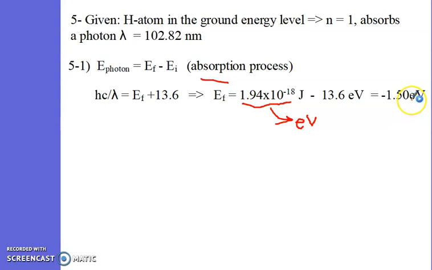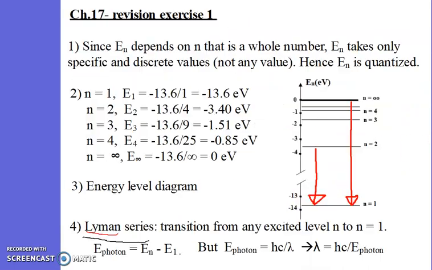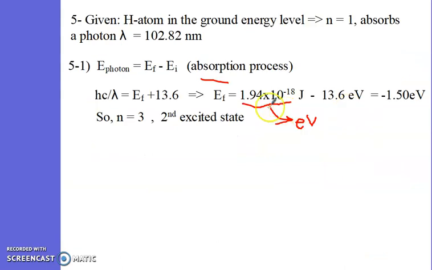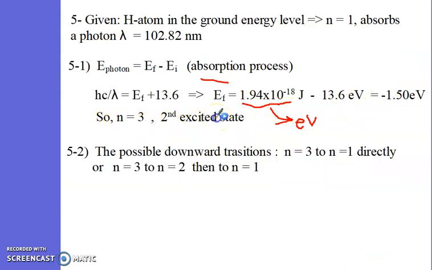You get minus 1.5. 1.5 here is the level, 1.5. Here it is. Means n equal 3, okay? So it is excited to n equal 3, means second excited state.